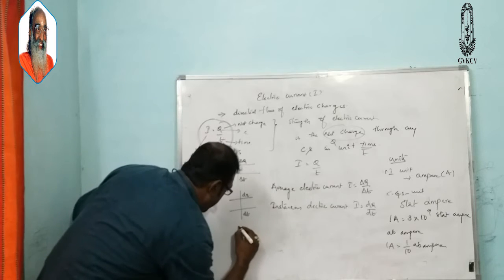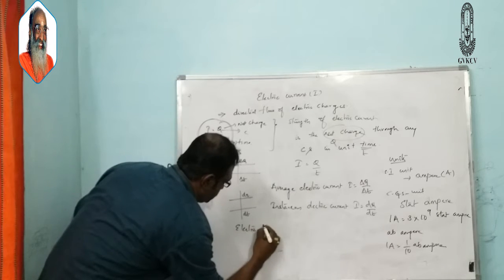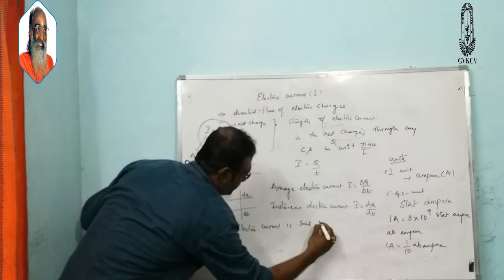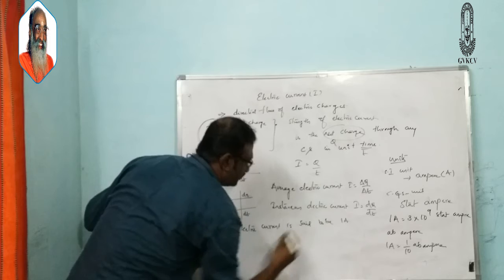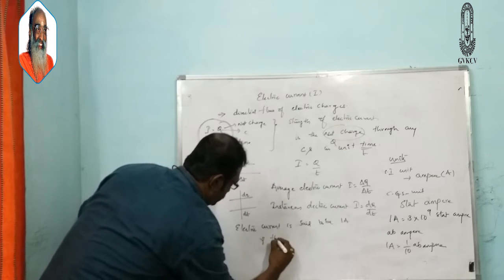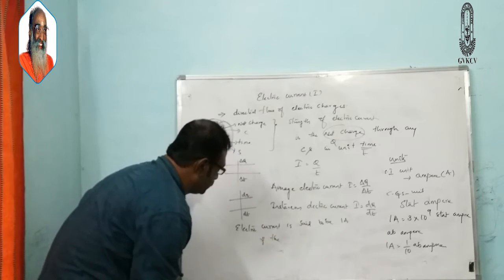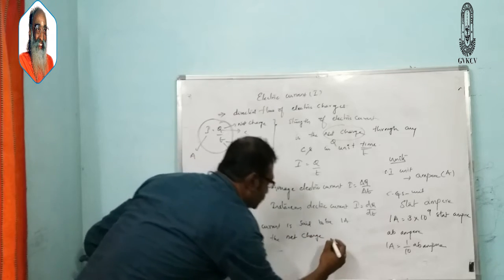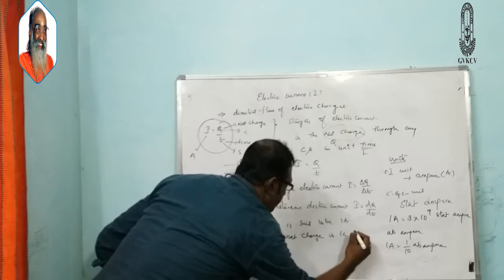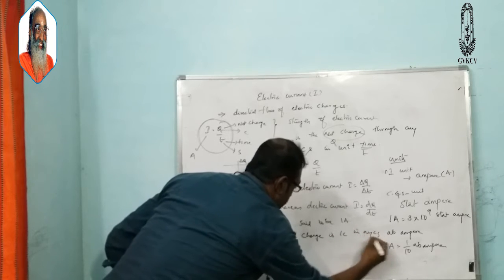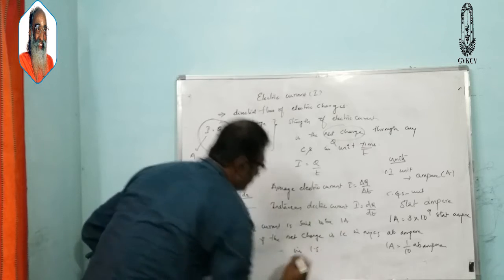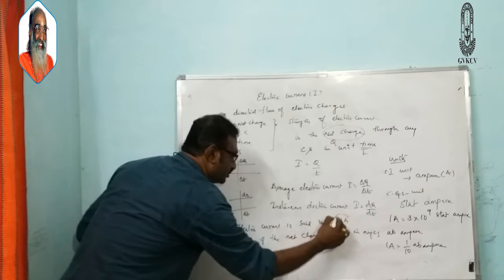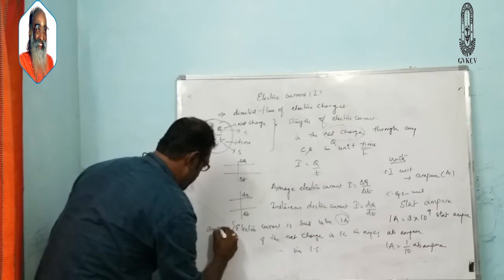So electric current is said to be 1 ampere if the net charge is 1 coulomb in any cross section in 1 second. Like this we will be defining an ampere. So this is the definition of an ampere.